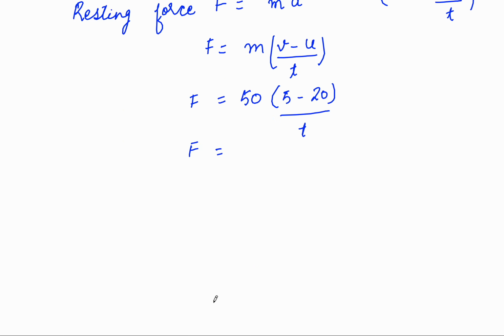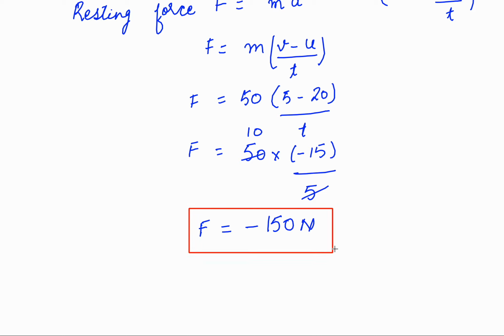Now you will see that the change of velocity is coming out to be minus 15, divided by time, which is 5 seconds. Let's try to calculate it. 5 ones are 5, 0. So the net resisting force is coming out to be minus 150 newtons. And this is the answer.